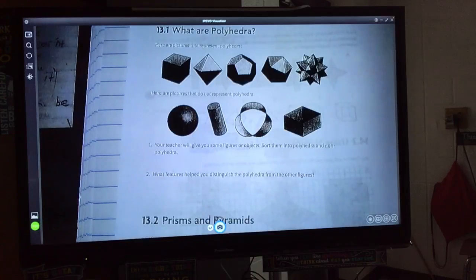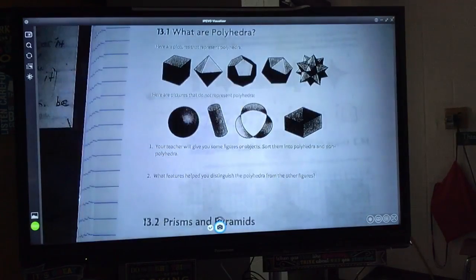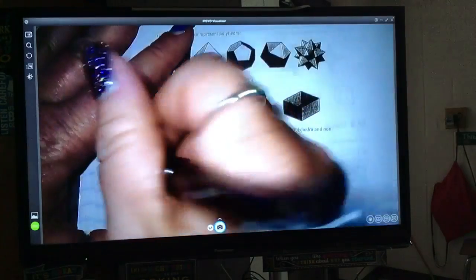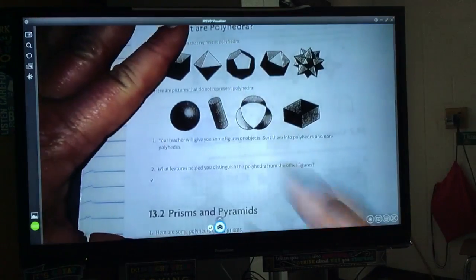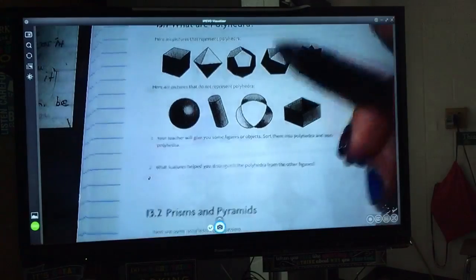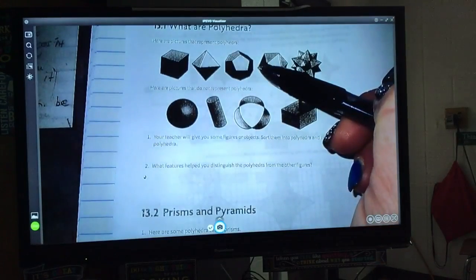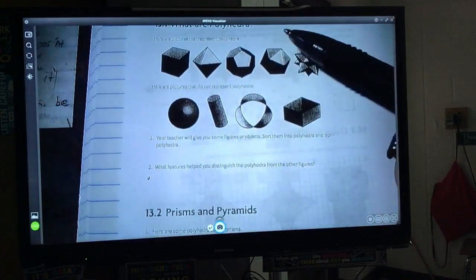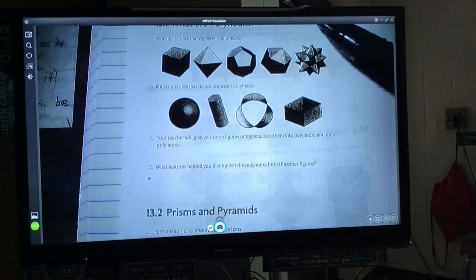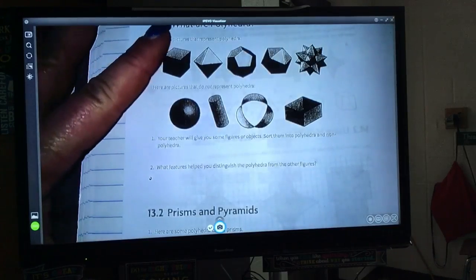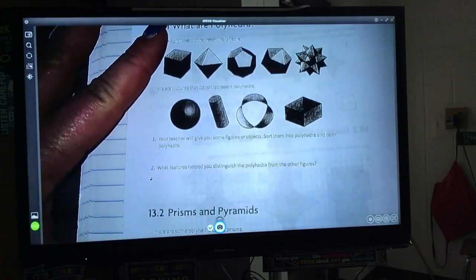Alright, so let's talk about what all we noticed. So what do you notice about these figures up here? Luke? I noticed that the ones on the top have sides that you can count and add, or sides that are closed figures.